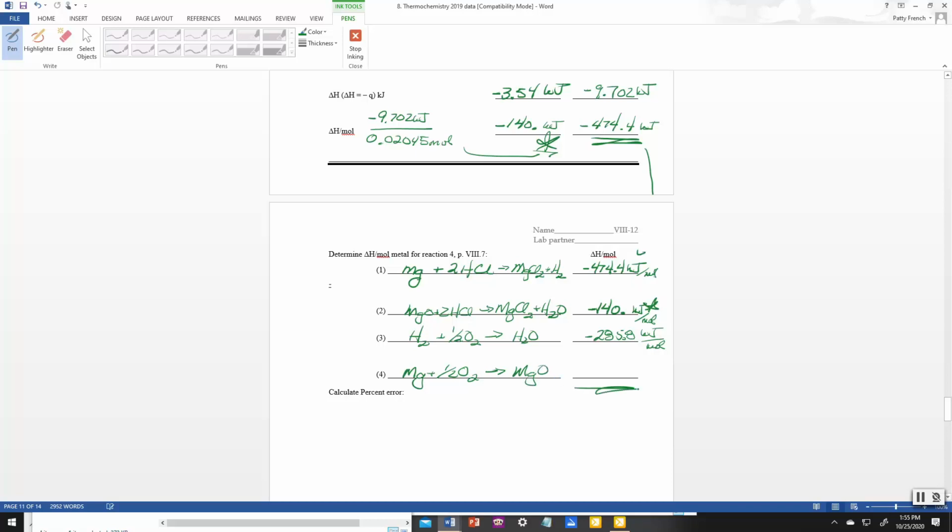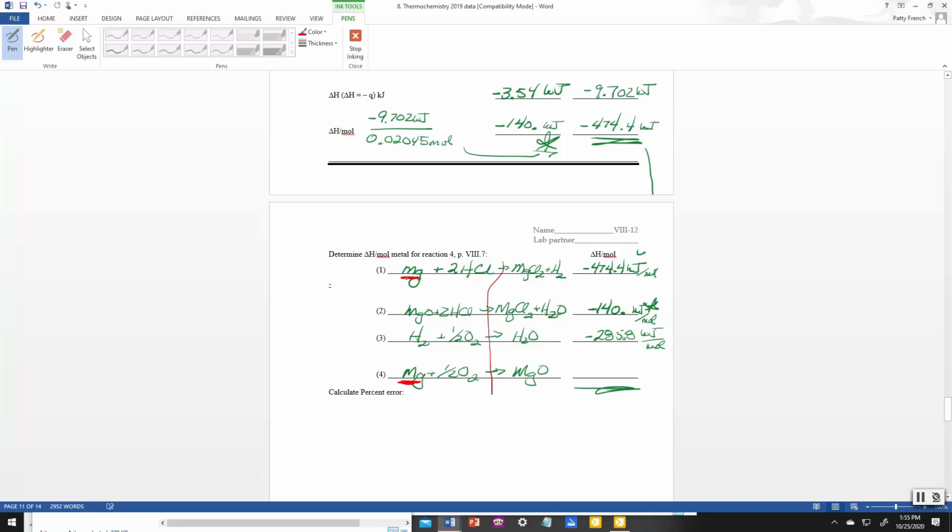And we're looking for the delta H for this. So now we have to actually do a little bit of Hess's law. To begin with, I'm going to look at my target reaction, and I'm going to find the equation. In my case, I wrote it down in line 1.